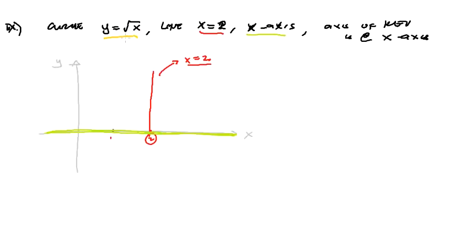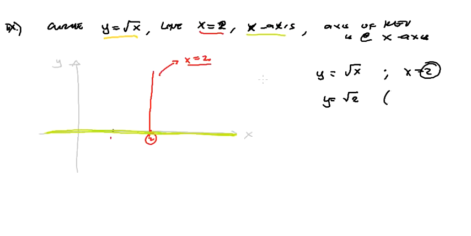So in order for us to determine the intersection of this curve and the line and the x-axis, let us solve the equations simultaneously. If y is equal to square root of x, and our x is equal to 2, then let's substitute the value of x. So we have y is equal to square root of 2.